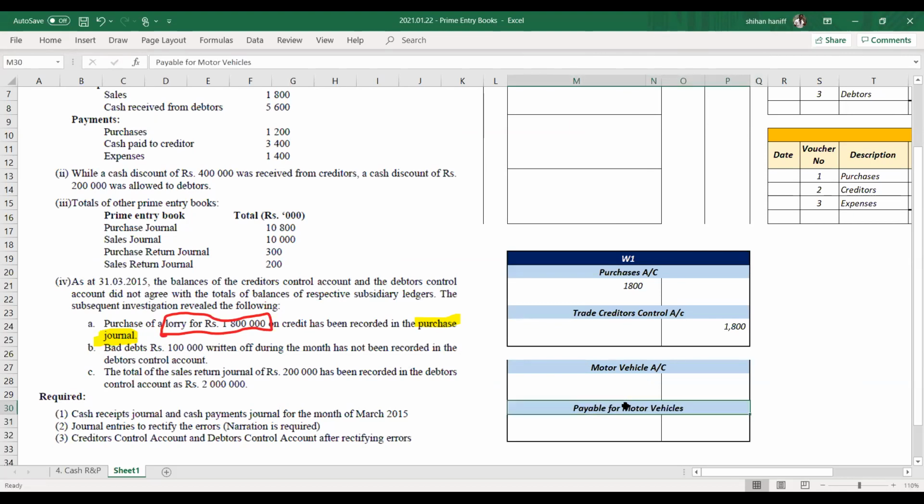That's the other creditor, other payables. So what is the correction entry? First, remove from purchases account and remove from trade creditors account.